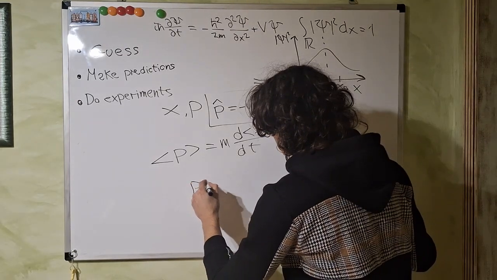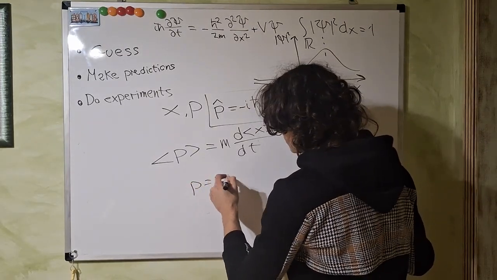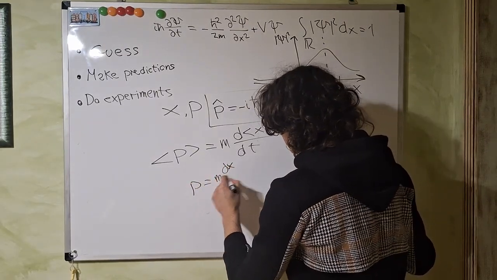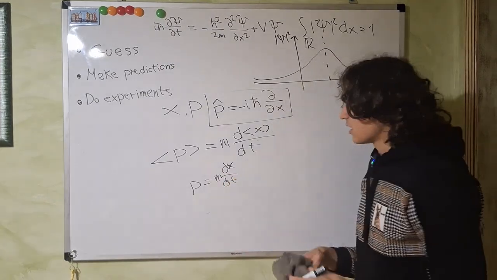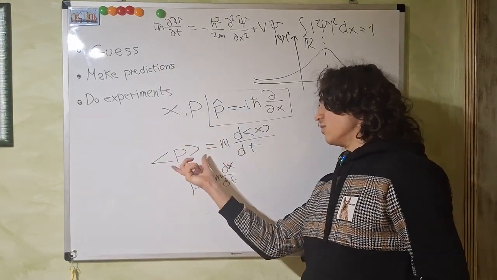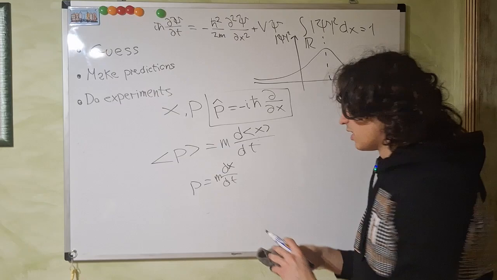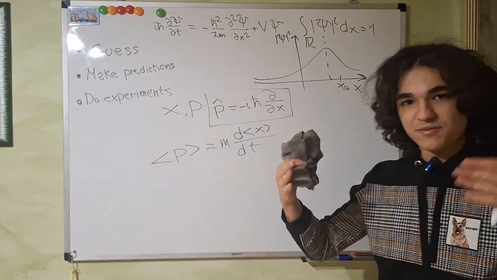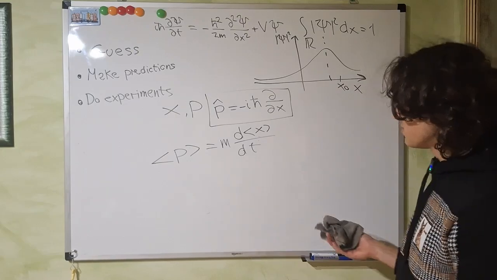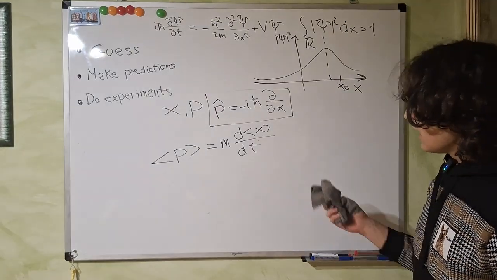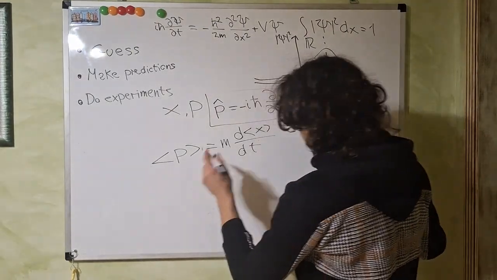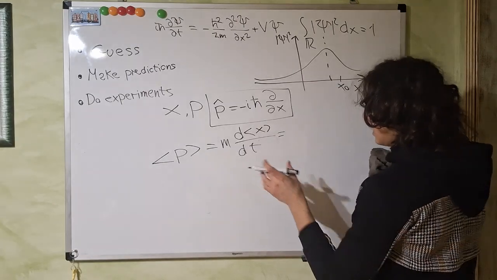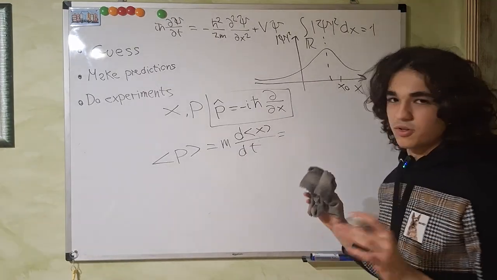So in classical mechanics, we have p equals m times v, that is dx by dt. And in quantum mechanics, the same holds for expectation values, average values, rather than the definite values themselves. And we can find this according to this fact. I'm not going through that.